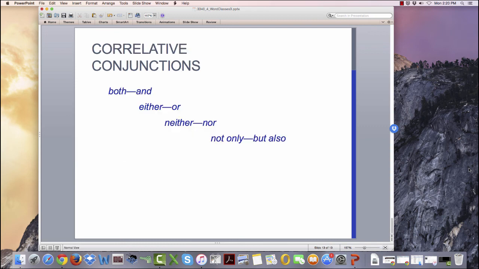And then finally, we have correlative conjunctions, and these work together: both and, either or, neither nor, not only but also. So both Robert and Steve, either San Antonio or Golden State. Those are using correlative conjunctions to connect parts of the sentence.